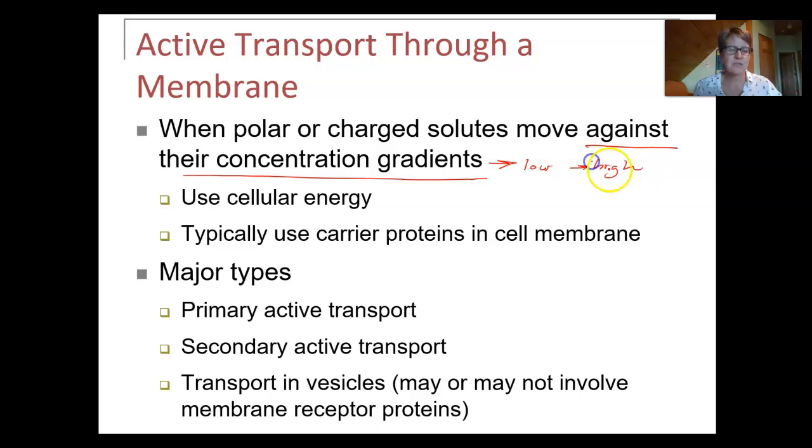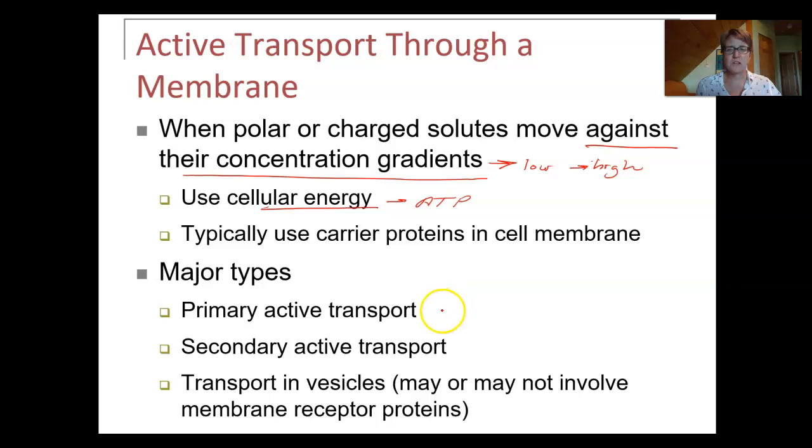So that's not natural, right? That's going against the flow. And because of that, we have to use energy, and our energy is in the form of adenosine triphosphate. That's ATP.